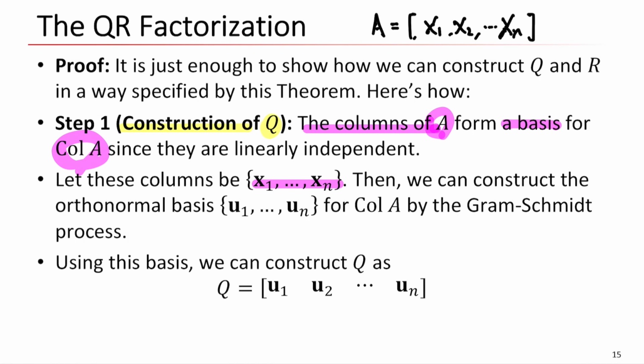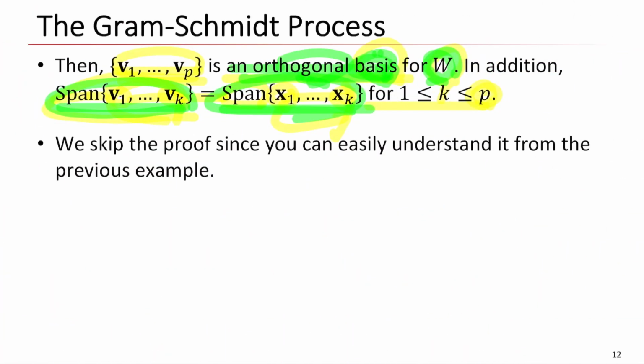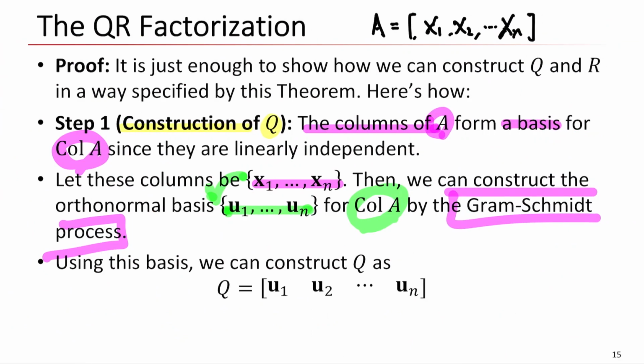Then we can construct the orthonormal basis u1 through un for the column space of A by using the Gram-Schmidt process, right? We already discussed the Gram-Schmidt process, so we can just use it to derive this basis. By using this basis, we can construct the matrix Q, which is defined something like this.